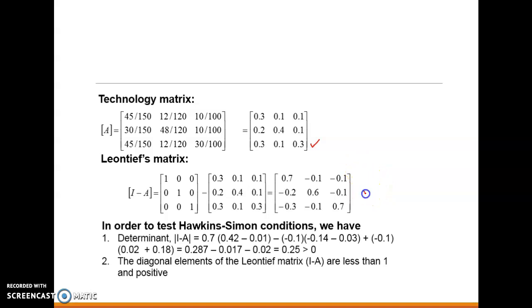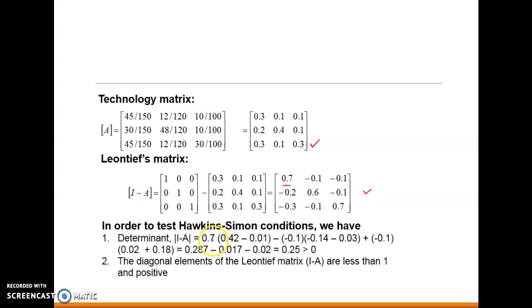After the Leontief matrix is done, now you have to test the Hawkins-Simon condition. The first condition is that the determinant of I minus A should be positive. So now you can calculate the determinant.